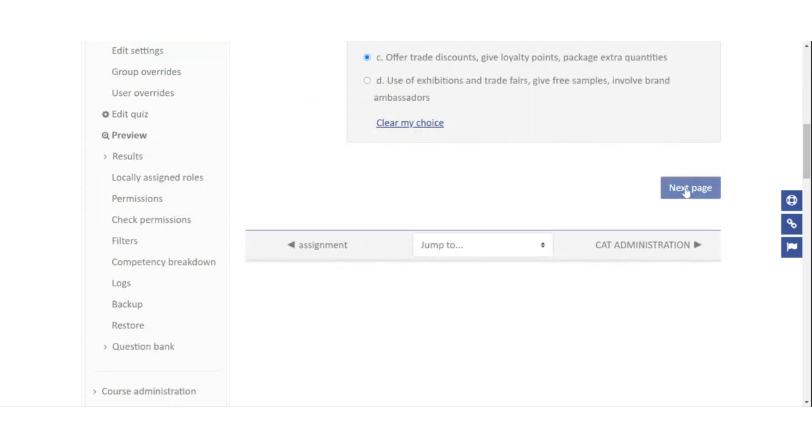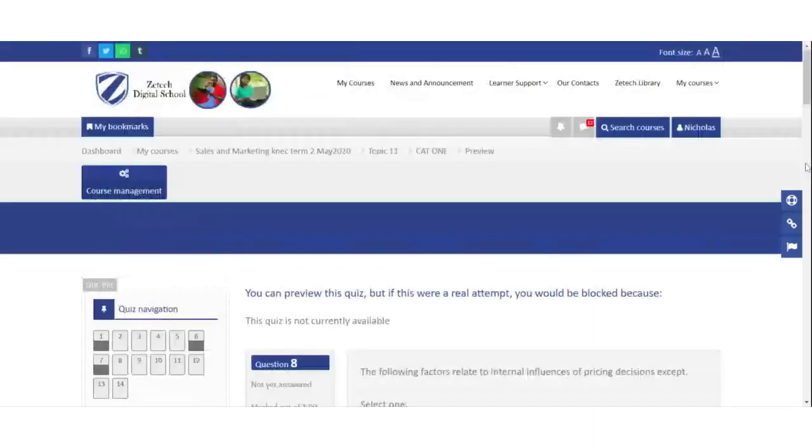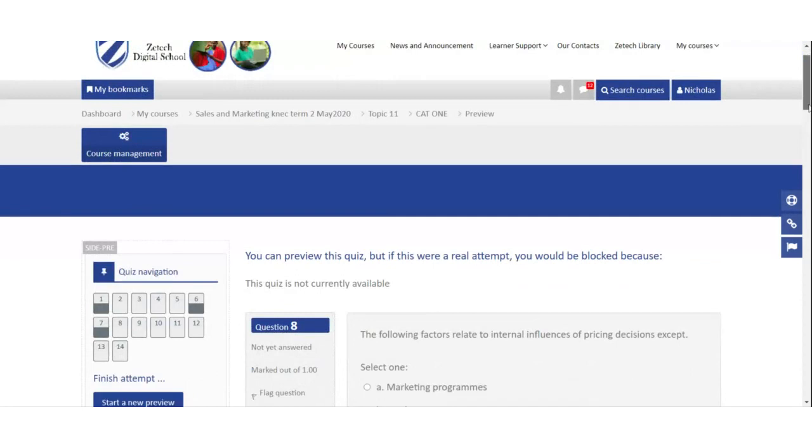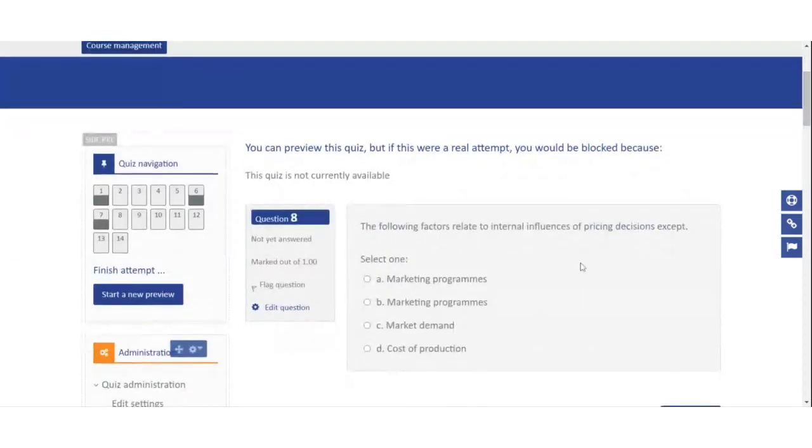The next one: the following factors relate to internal influence of pricing decision, except which one? Which one is not an internal influence to pricing decision? That is what is being asked.